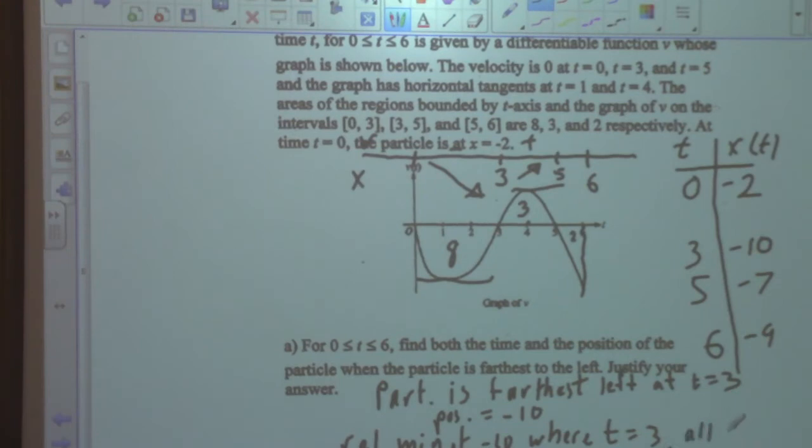All other endpoints and critical numbers are greater than negative 10, right? So that defines it.